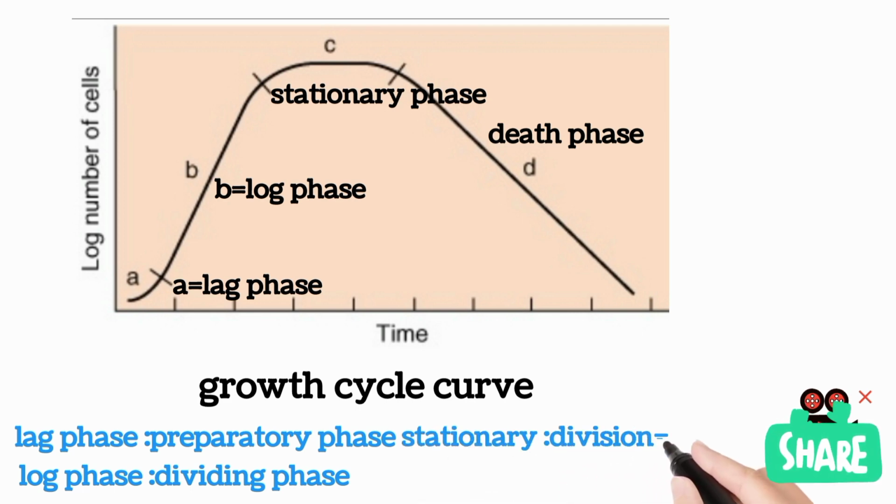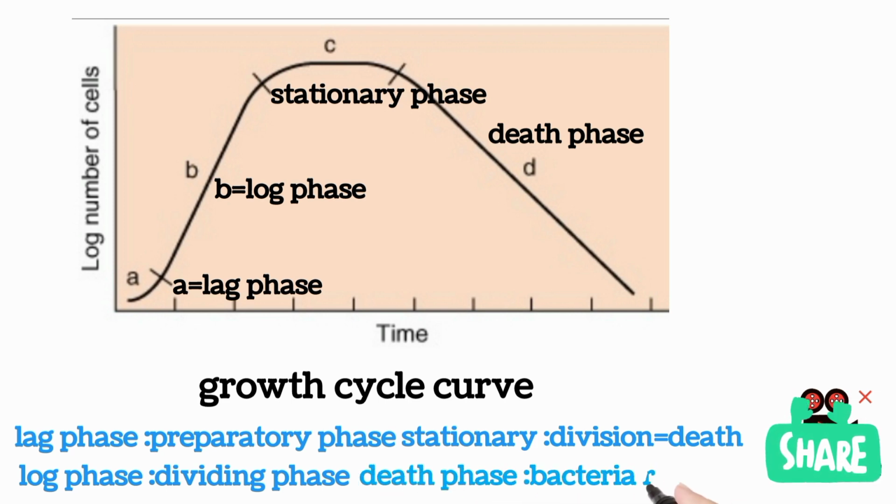And then we have the stationary phase, where the number of bacteria that are dividing becomes equal to the number of bacteria that are dying. And finally we have the death phase of bacteria, where the bacterial population starts to decrease. That is, the number of bacteria which are dying becomes greater than the number of bacteria which are produced, and the graph goes toward the decline phase as shown by the D. And so these are the basic 4 steps of the growth cycle curve.